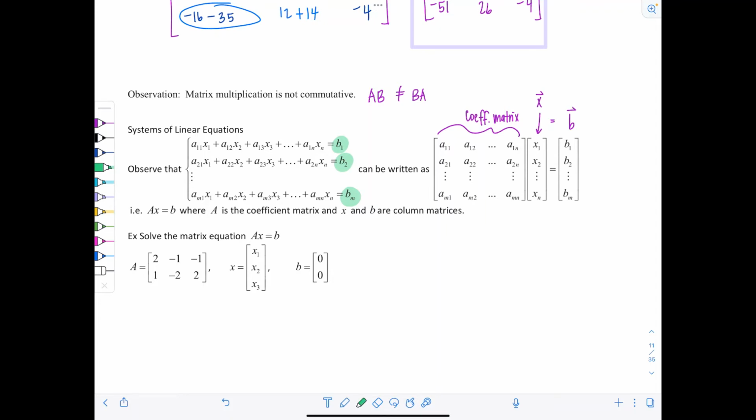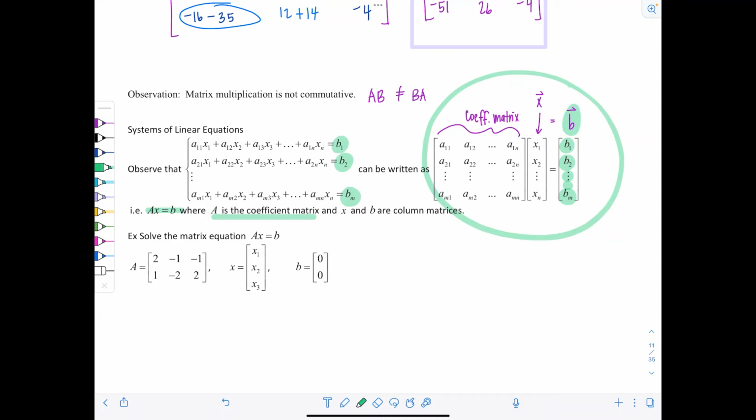So when you see this, you know, oh, it's a column vector quantity, so you've got all these entries that make up B. And we say that this whole equation can be simply summarized as AX equals B. So again, A is our coefficient matrix, and then X and B are column matrices, okay?